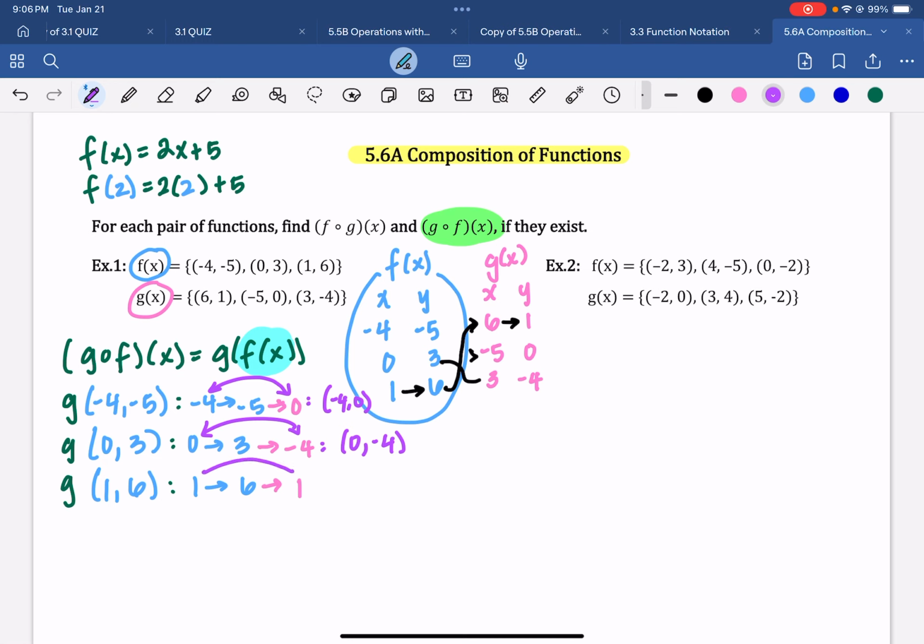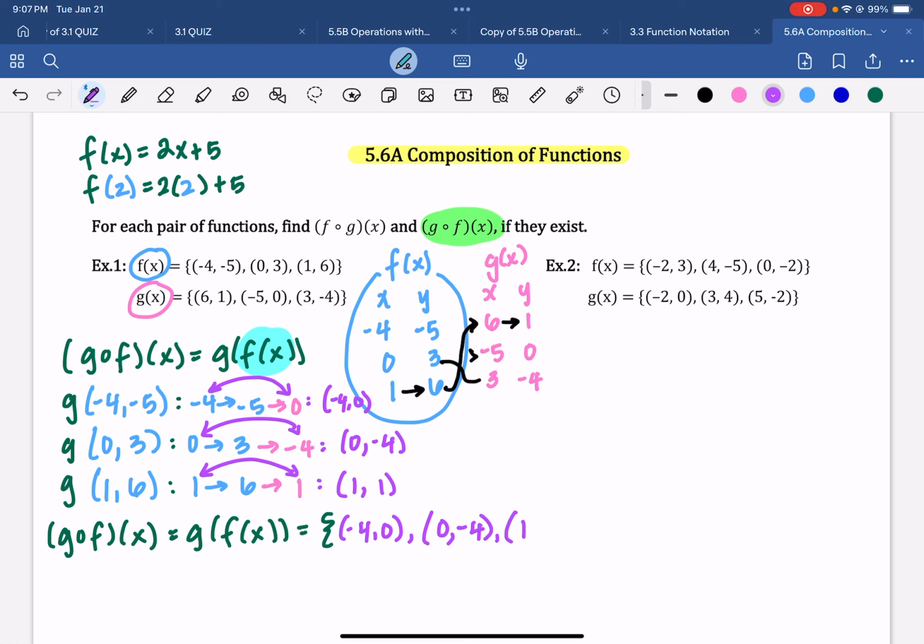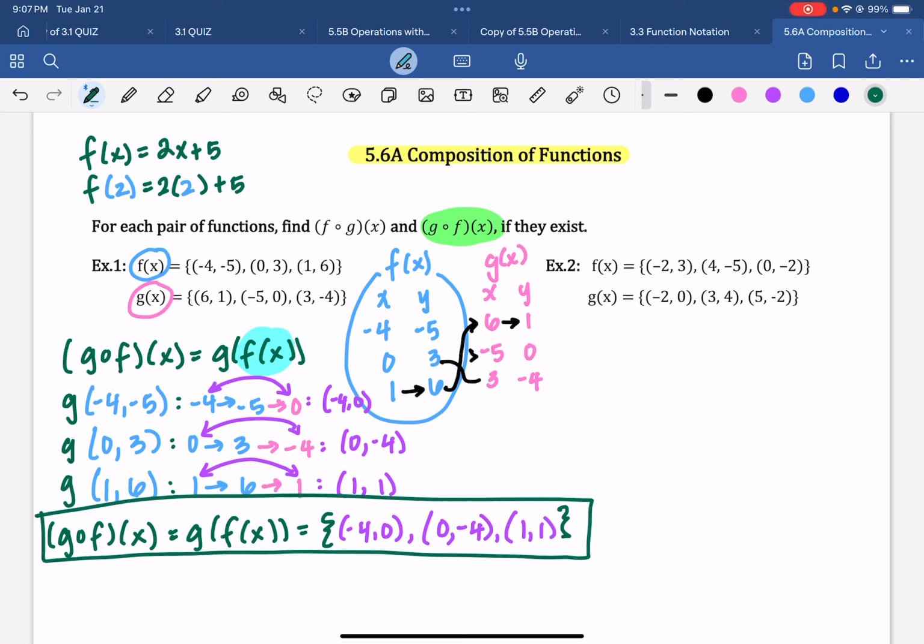So from beginning to end, if we plug them into each other, 1 actually ends up going back to 1. So for your final answer for g circle f of x, also known as g of f of x, is just all of those ordered pairs. Negative 4 goes to 0, 0 goes to negative 4, and 1 goes to 1. And that is the second part of the answer.